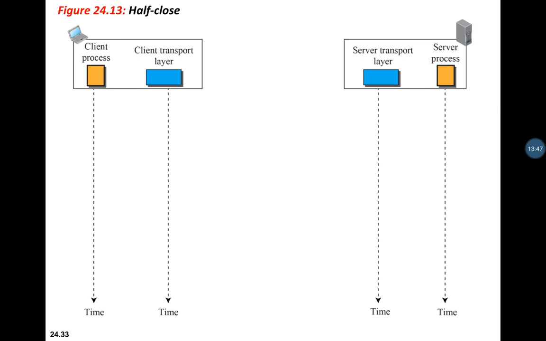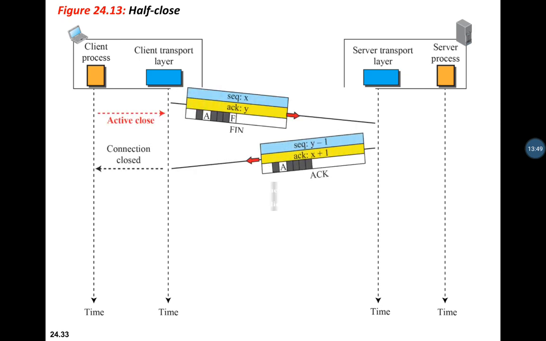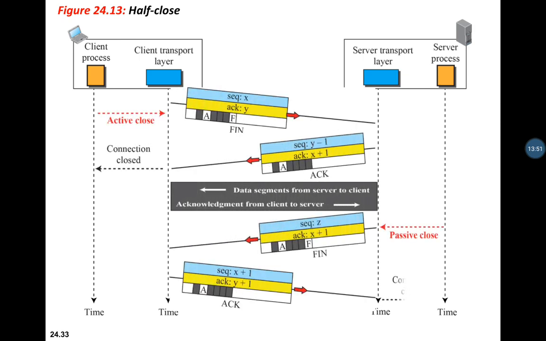Next, let us see the half close scenario. In the case of the half close in TCP, one end can stop sending data while still receiving data from the other end. Let us consider that after sending all the data to the server, the client can close the connection in the client to server direction.